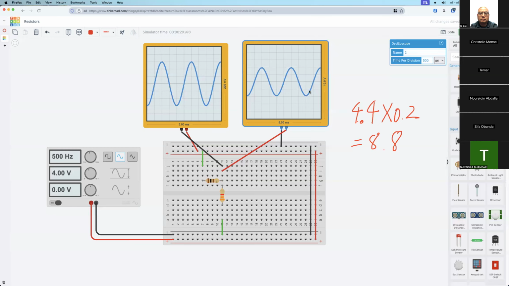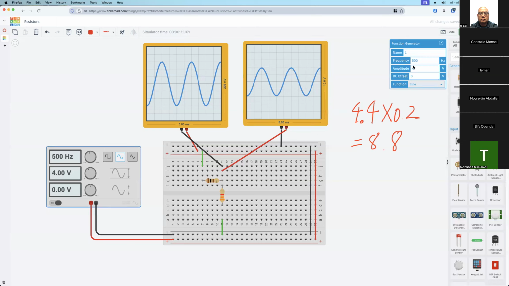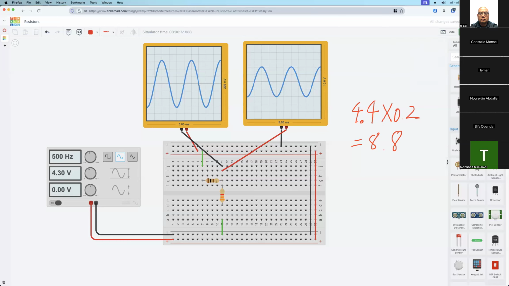Totally this is 1, 2, 3, 4, so almost 4 divisions, that means almost 4 volts peak to peak, right? We can increase a little bit more. Let me try 4.2. Okay, 4.2 I think is enough. Maybe let me try 4.3. Yeah, 4.3 is better. Okay, so 4.3.